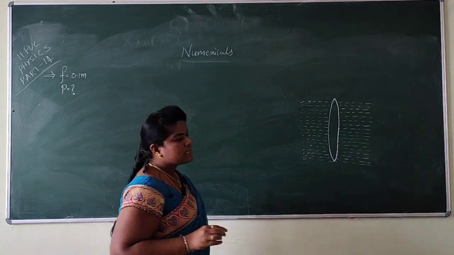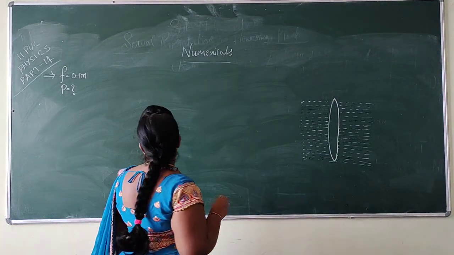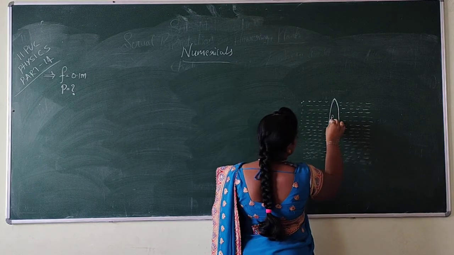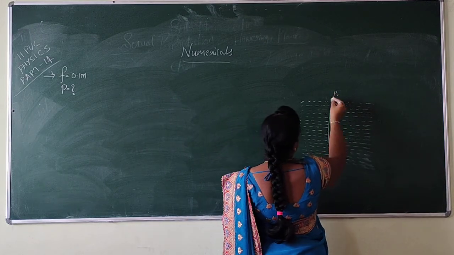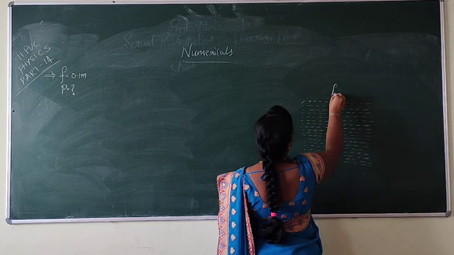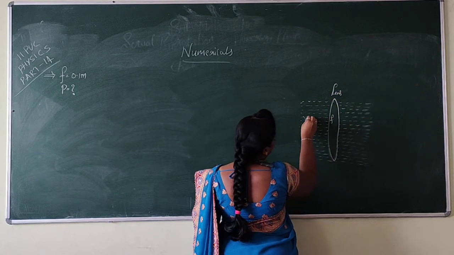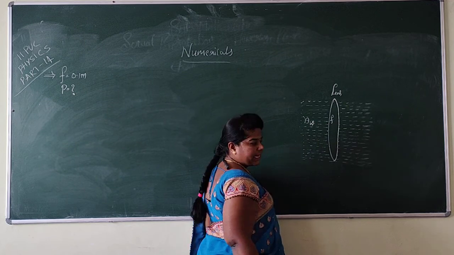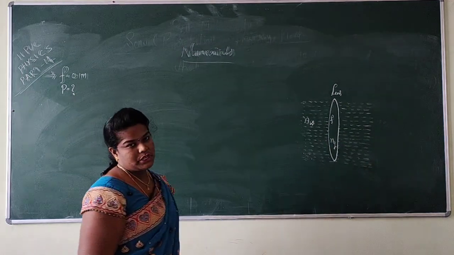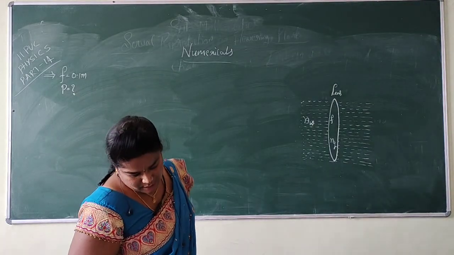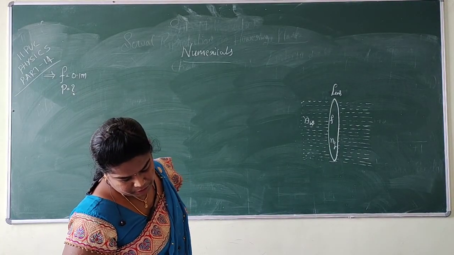Yes, I just immersed a lens inside the water. See, the focal length of this is F, right? Whereas this is the convex lens. Lens is immersed inside the water, whereas the water is having a refractive index Nw and the glass is having a refractive index Ng. Now, see now, both will change the power of the lens.